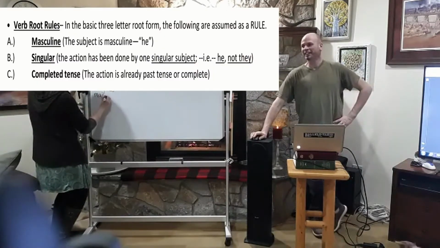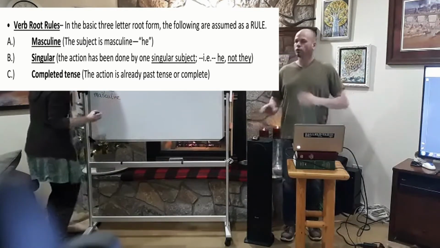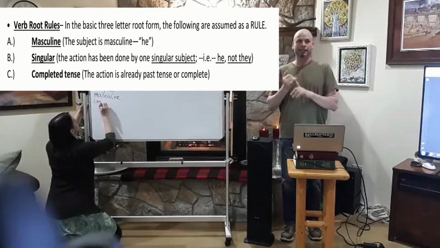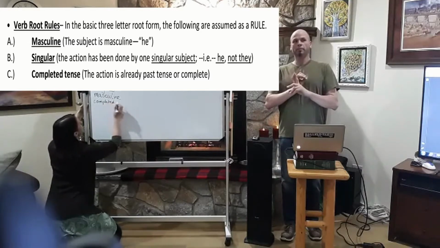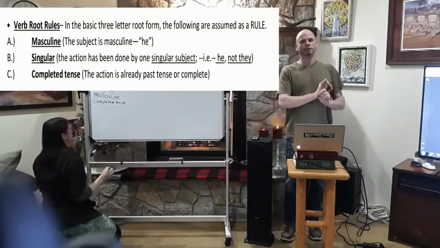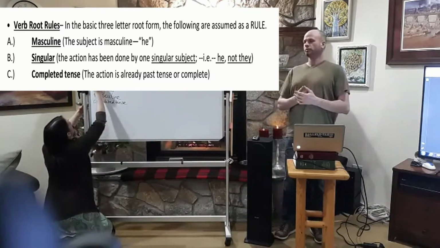Good job. And so, when we see our word in its normal form with no added letters, then we always know it's talking about a he, a singular male, right? And it's already a completed action. But then when certain things get added on there, that changes it.